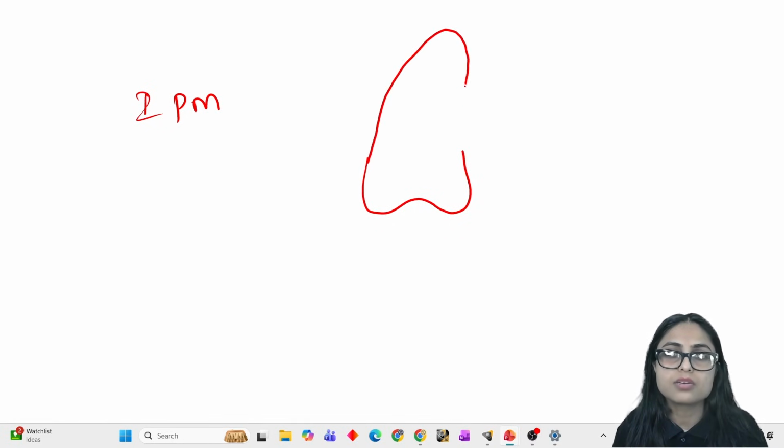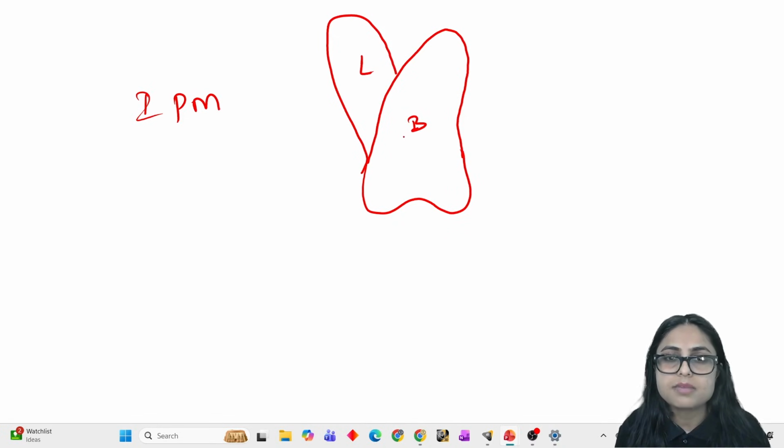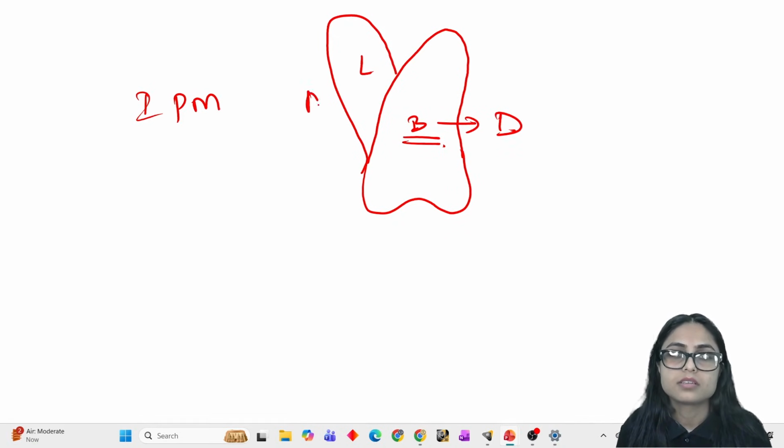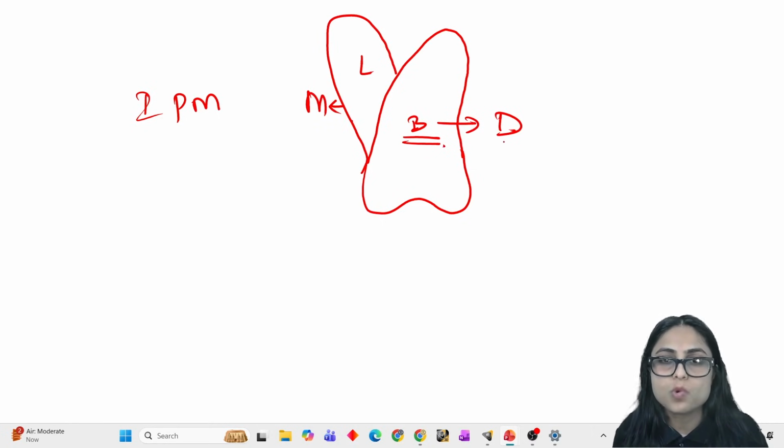This is the buccal root, and this is the lingual root. The buccal root appears more distal than the lingual root.